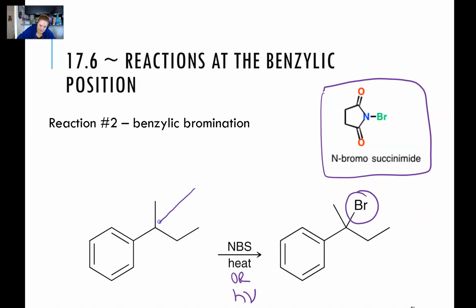Same rule as our last one: we must have a hydrogen at that benzylic position. If you remember the mechanisms for these types of reactions, we're removing a hydrogen and essentially replacing it with that bromine. We saw this set of reagents to react allylic positions.